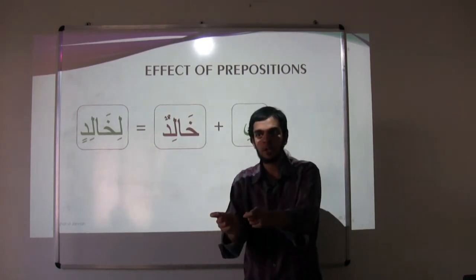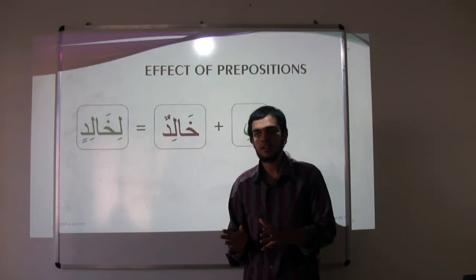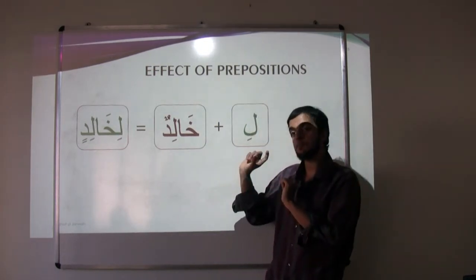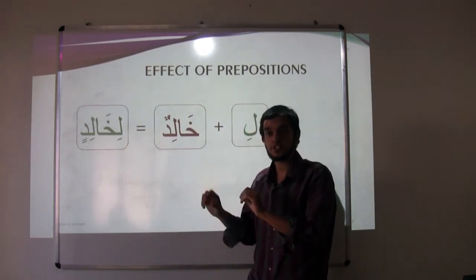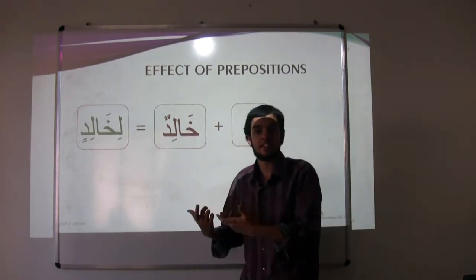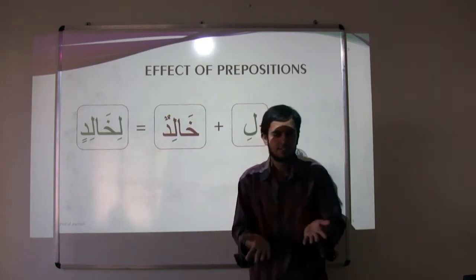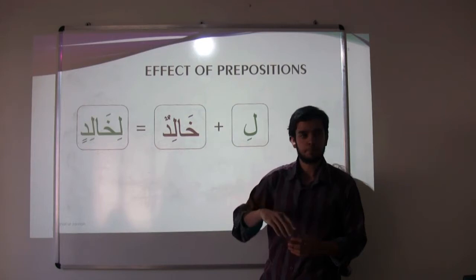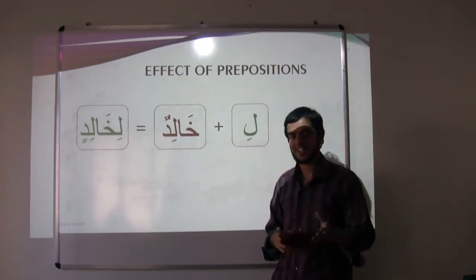But Kitabu Muhammadin is just a part of a sentence. It does not give complete meaning in itself. So that's the very subtle difference between this and that. It's actually a big difference.